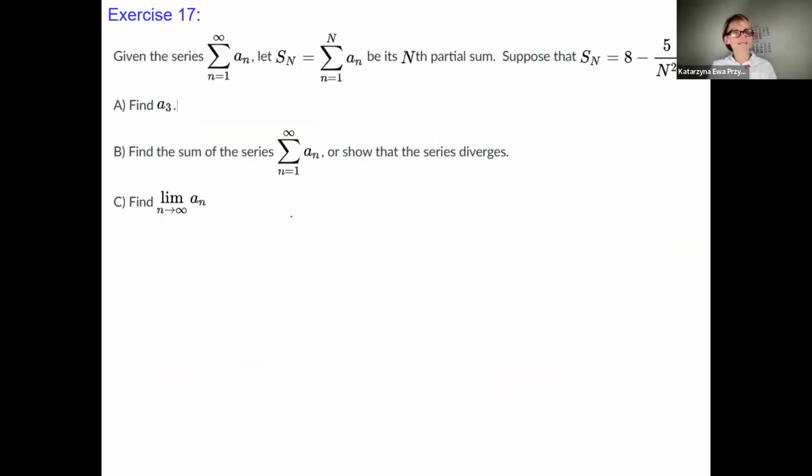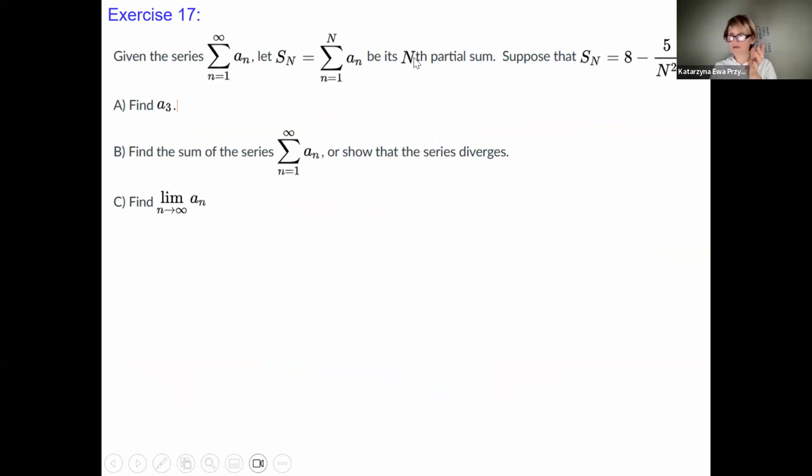Nice question. Each question is important, you know that. It will simplify our life. Given the series a sub n, and s sub n is the partial sum of the infinite series.